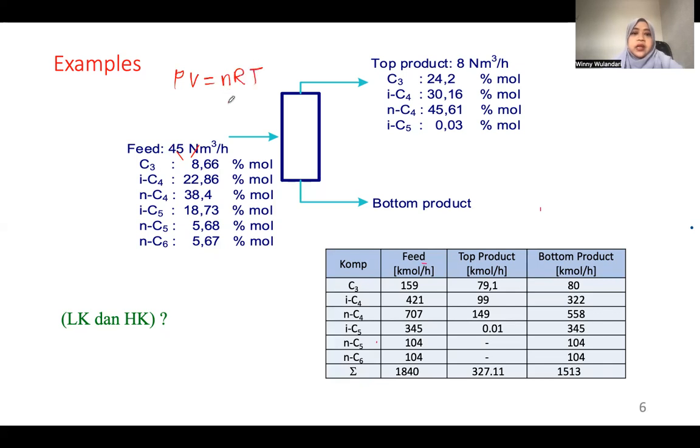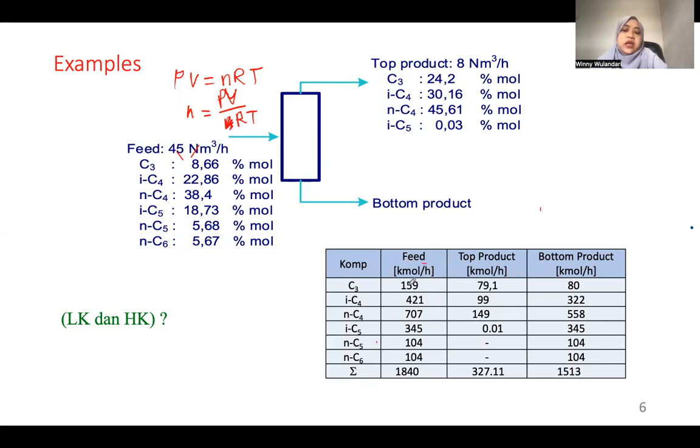So you can get the n like that. So you got the mole of the products, or the mole rate, and this is going to be your feed rate.